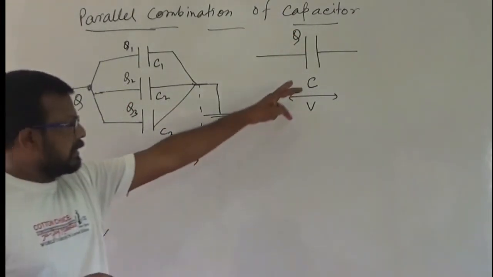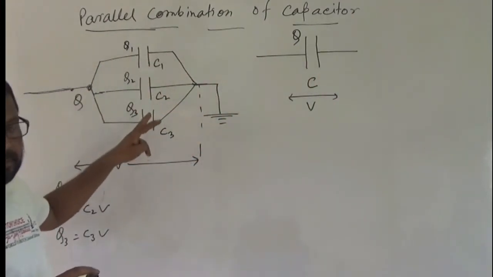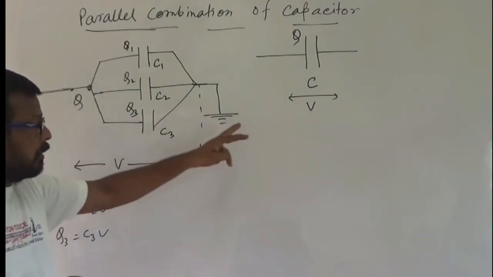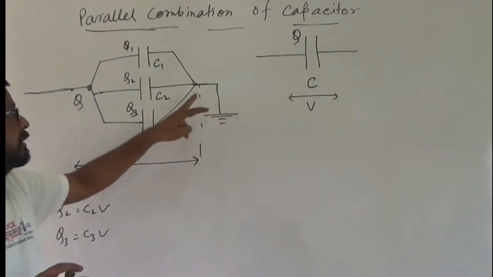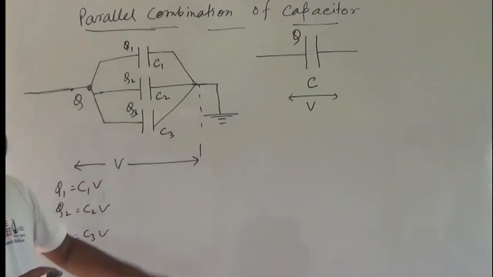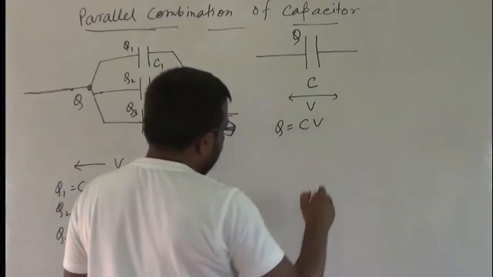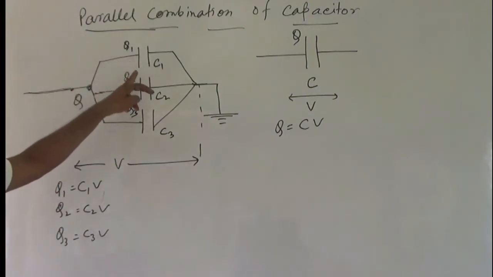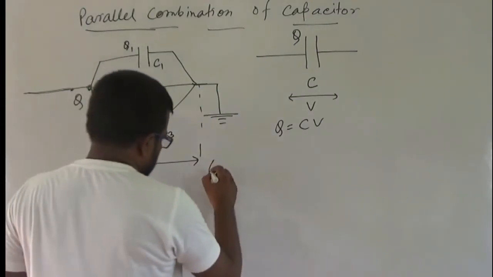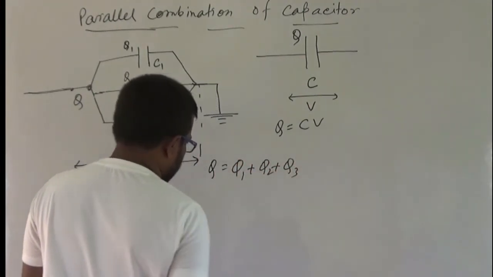Then this capacitor is called the effective capacitor of these three capacitors, or this capacitance C is called the effective capacitance of C1, C2 and C3. In this case you can write Q is equal to C into V. And already we have said that Q is divided into Q1, Q2, Q3. That means Q is equal to Q1 plus Q2 plus Q3.